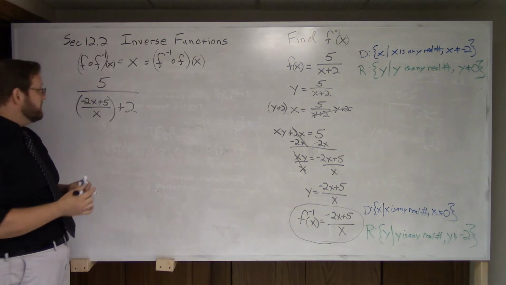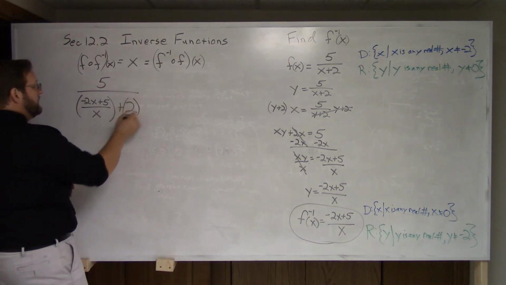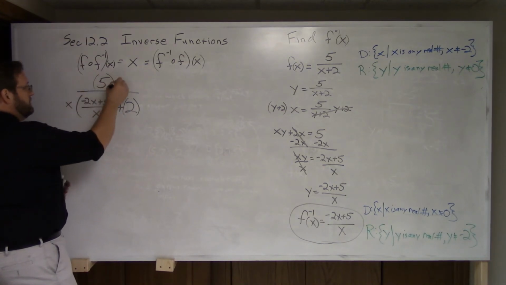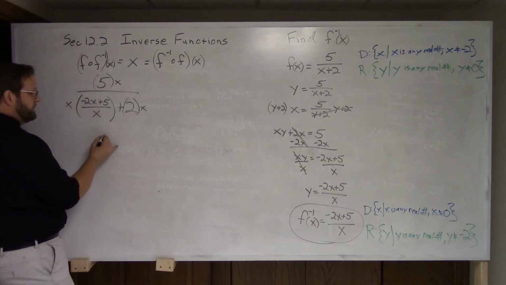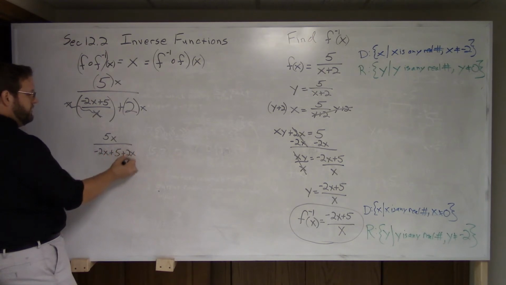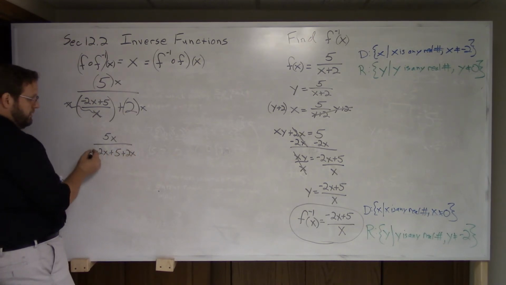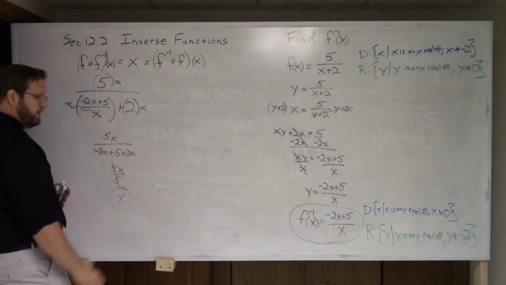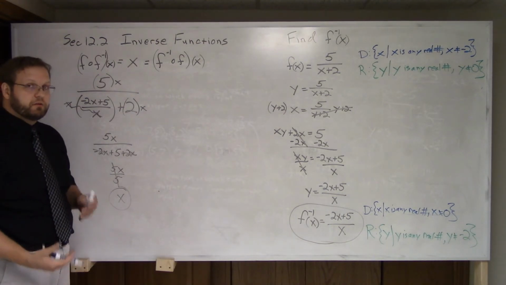Remember, with complex fractions, I can just multiply all three components by the LCD of x. So that gives me 5x over negative 2x plus 5 plus 2x. These cancel out, so I have 5x over 5, and all of that simplifies to just a regular x.